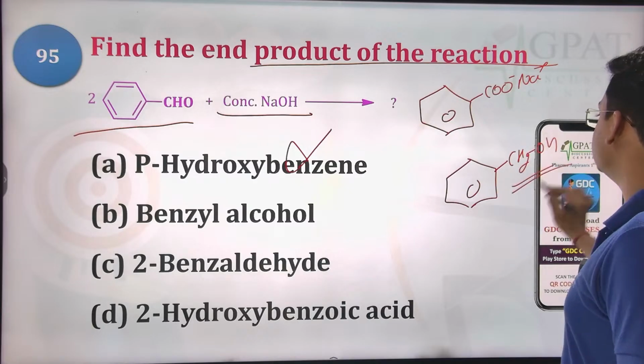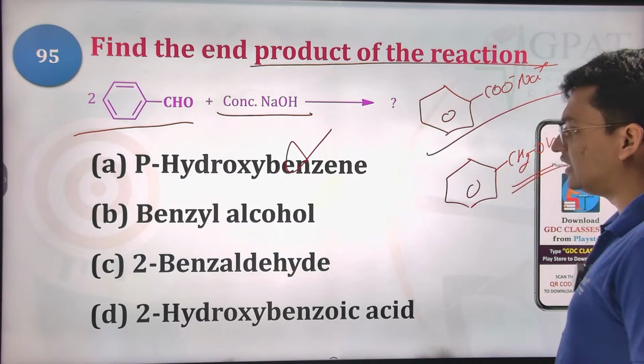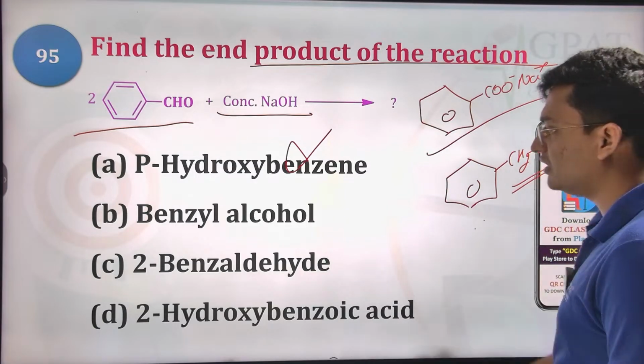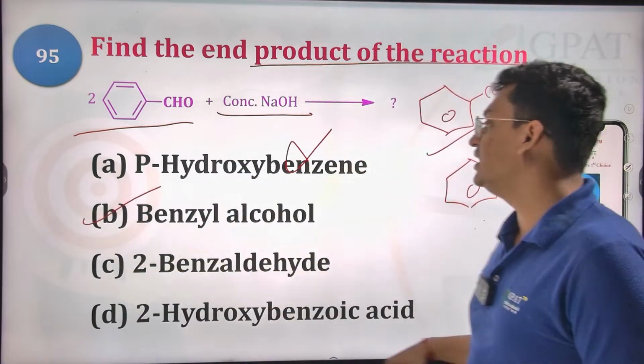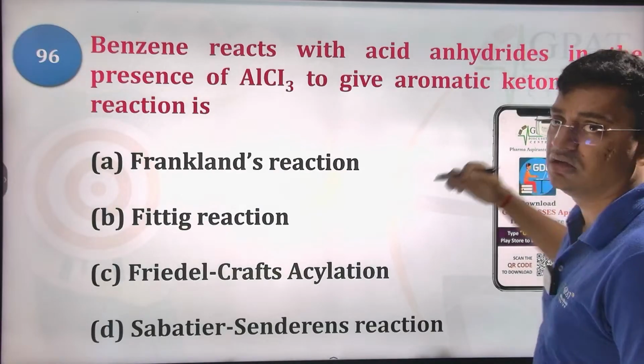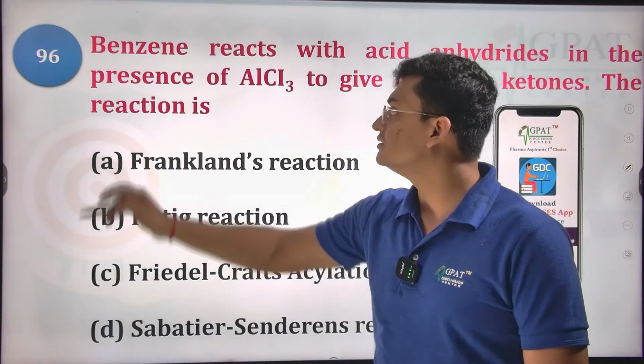So we have benzyl alcohol and sodium benzoate. There is no sodium benzoate in the options, so we have benzyl alcohol. B is the right answer. The reaction is all about the Cannizzaro reaction.